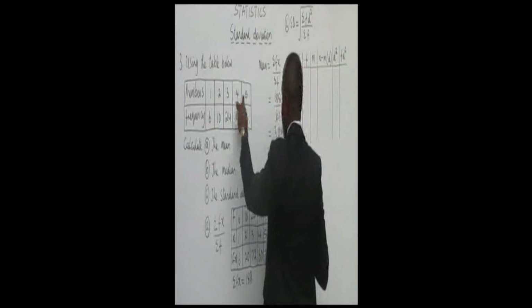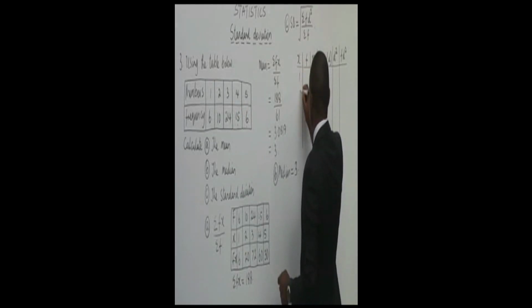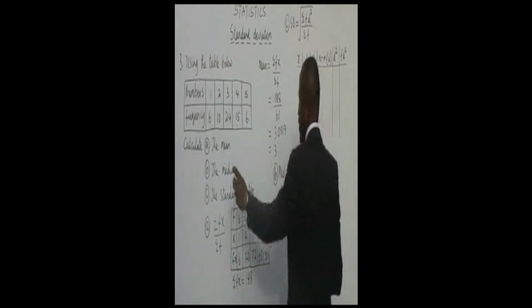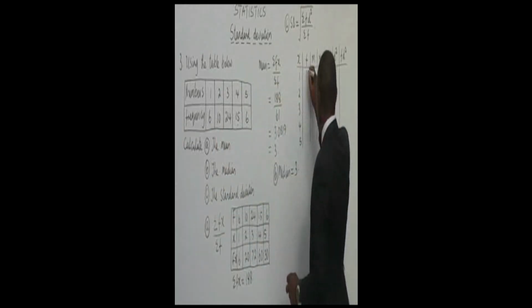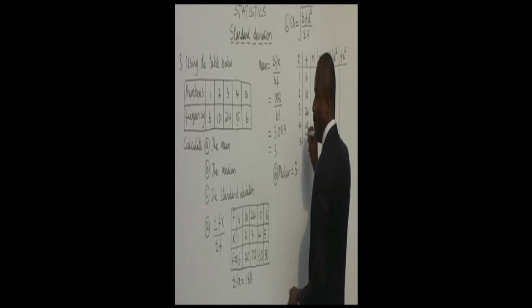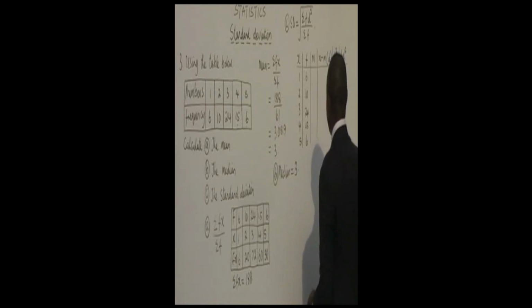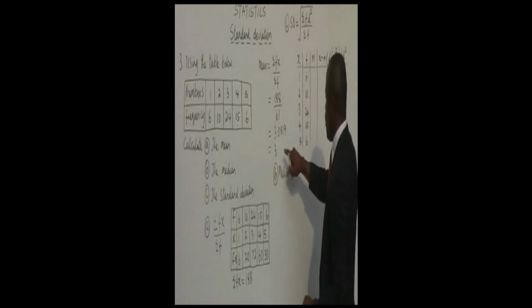Our x is these numbers 1, 2, 3, 4, 5. So we have 1, 2, 3, 4, 5. The frequencies attached to them are 6, 10, 24, 15, 6. Now our mean, we calculated the mean to be 3.